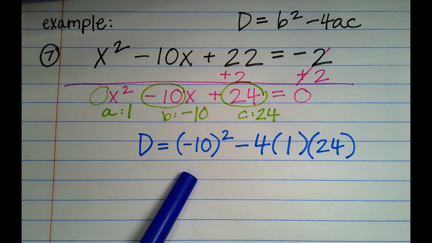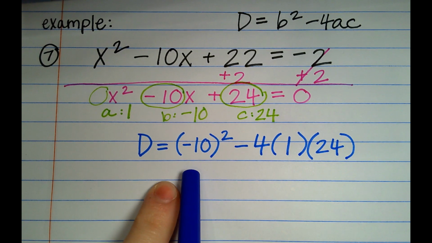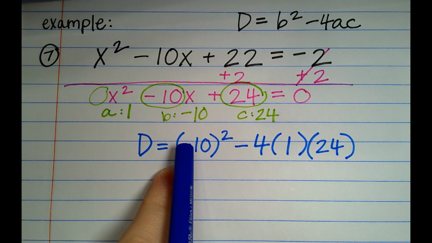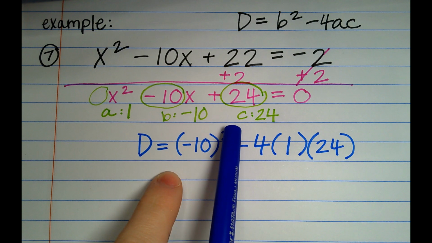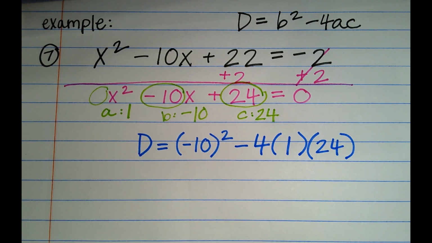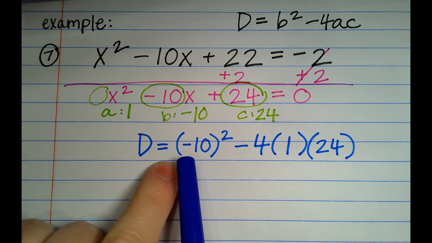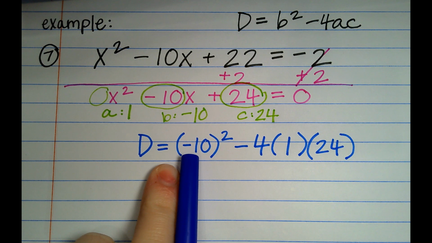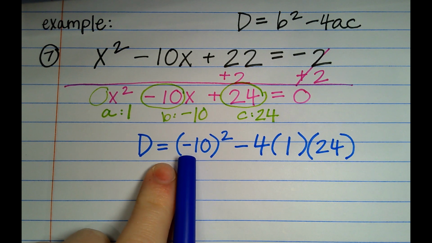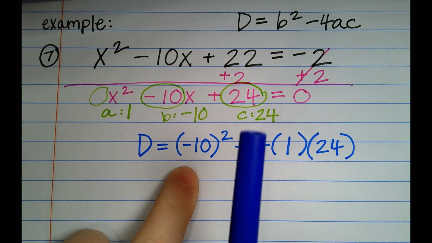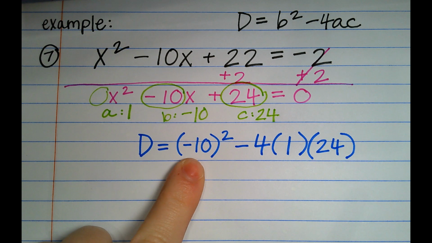Now, what is the problematic thing about having a negative number that we square? What is the most common mistake we've talked about when doing this? Yes, a negative number times a negative number will always give us a positive number. So it does not matter if your b is positive or if your b is negative.